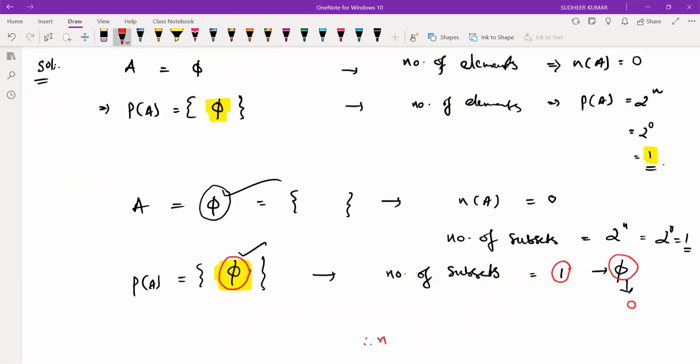Therefore, the number of elements in the power set P of A follows the same formula as the number of subsets, because those subsets are the elements of the power set. So 2 power 0, and the answer is 1. Is it clear? Yes, sir.